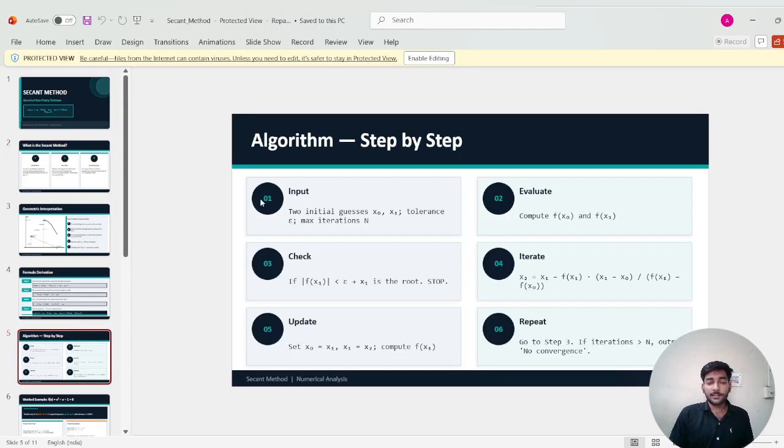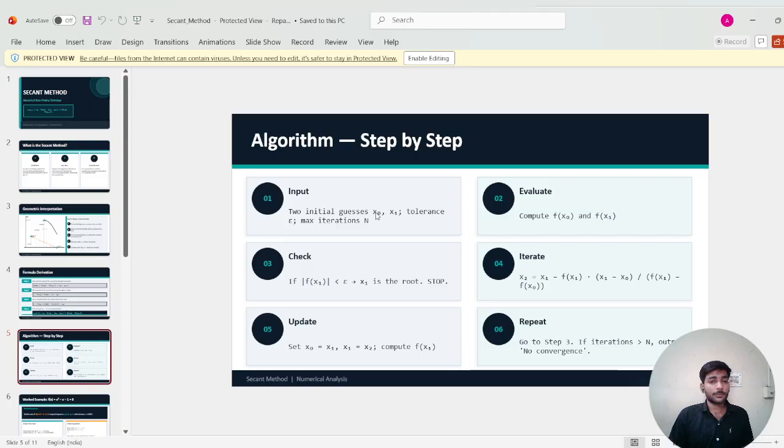Okay, and then what is algorithm? Algorithm means it is like the written text that gives the overview of the numerical method to find this answer. First step in this algorithm is two initial guesses x0 and x1, tolerance e and max iteration.